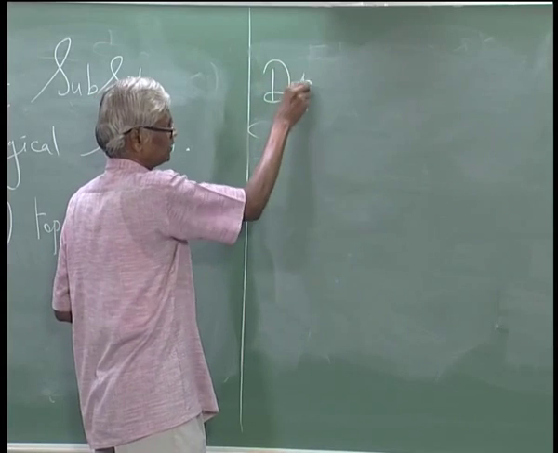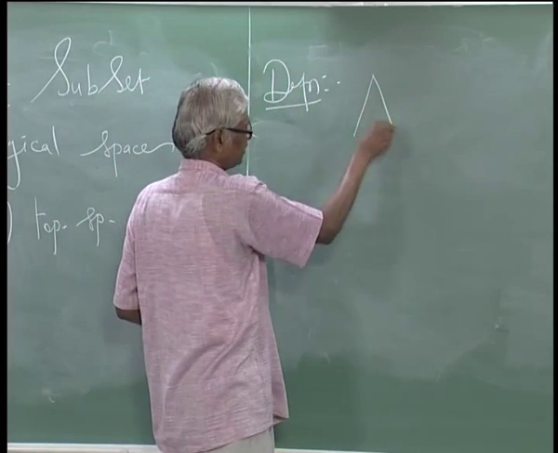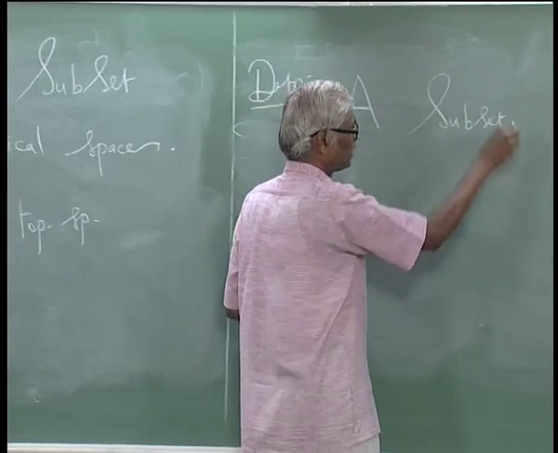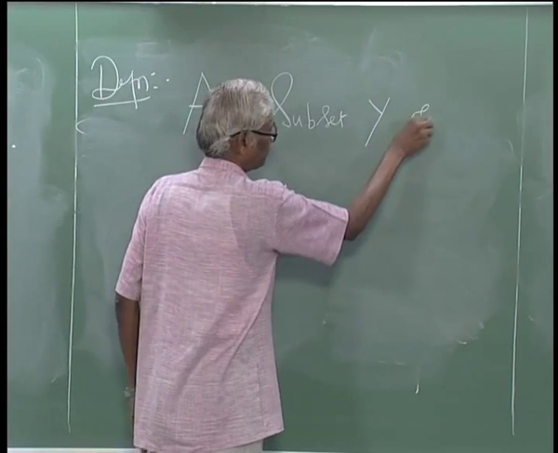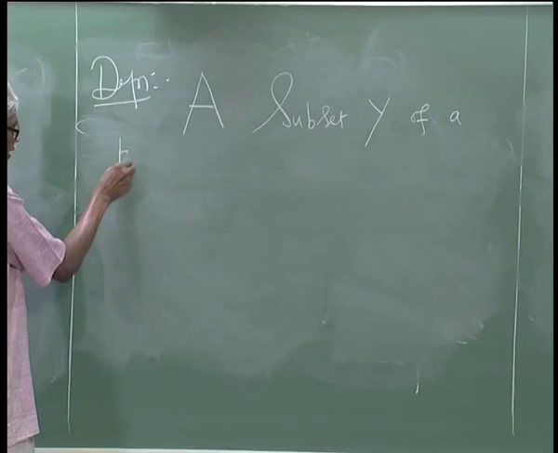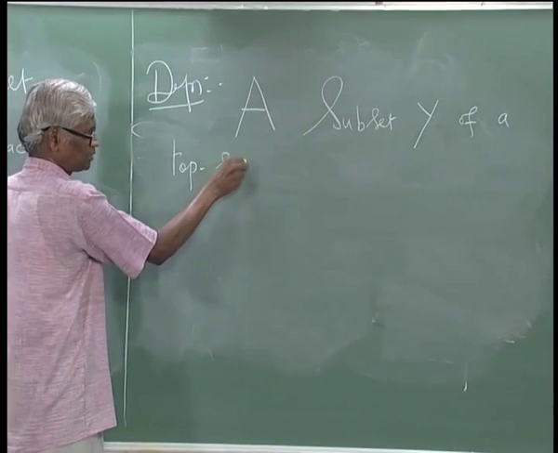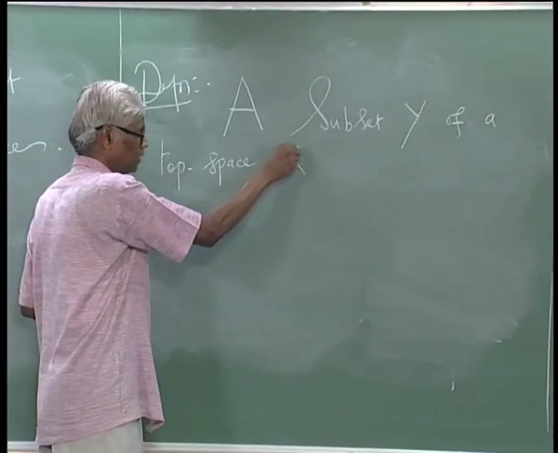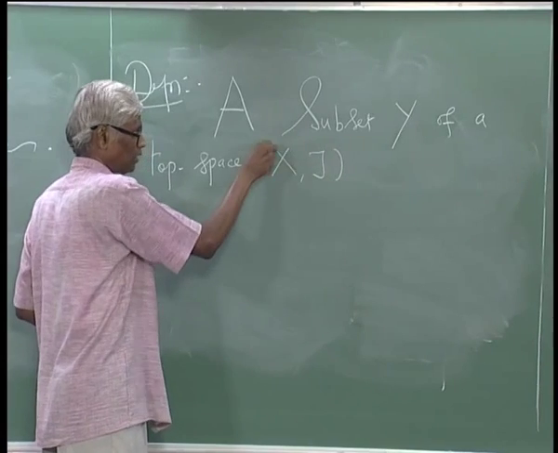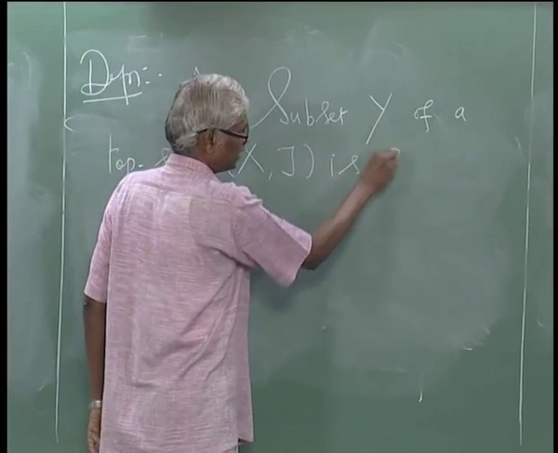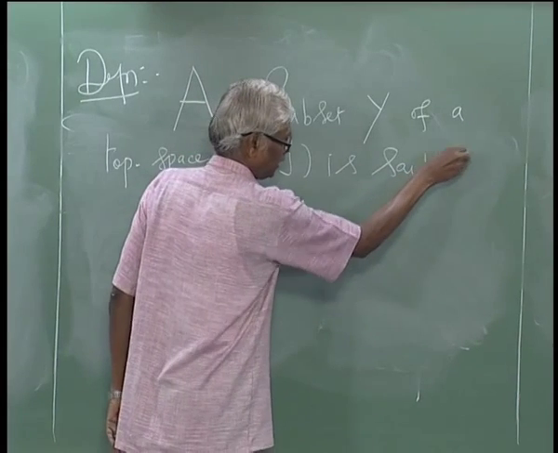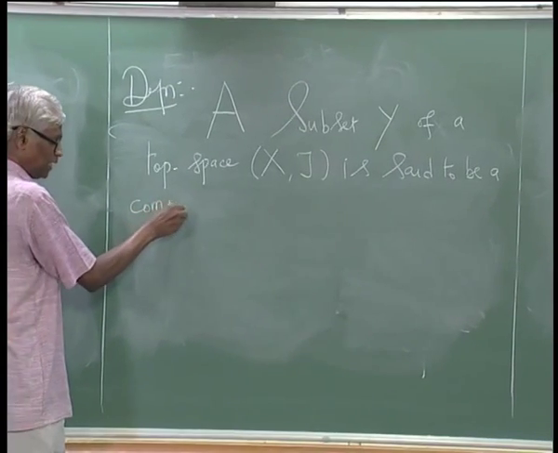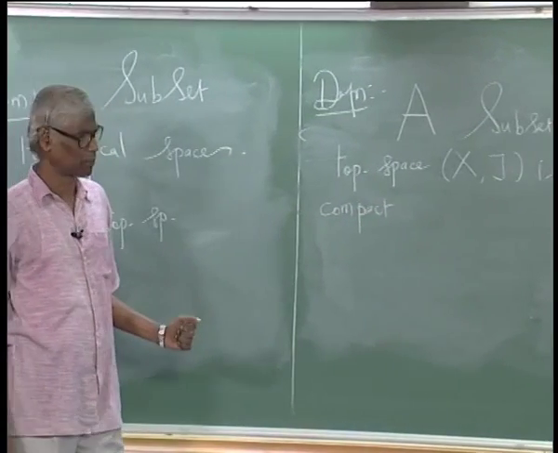So the definition is: a subset Y of a topological space X, tau is said to be compact, either we can say compact subset or compact subspace.